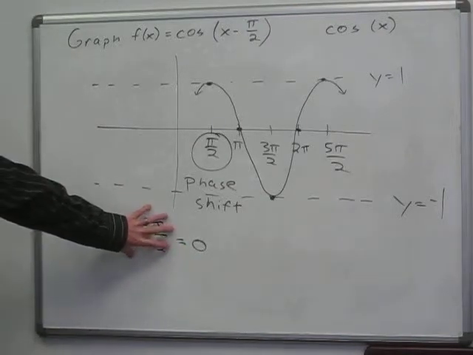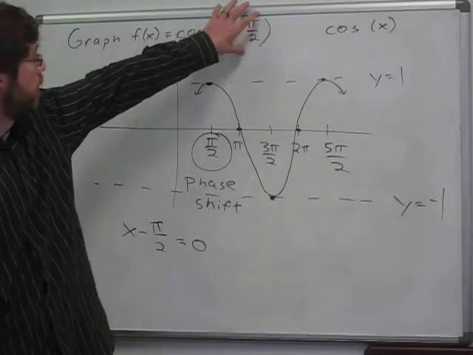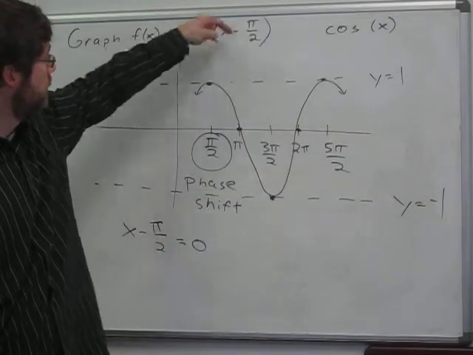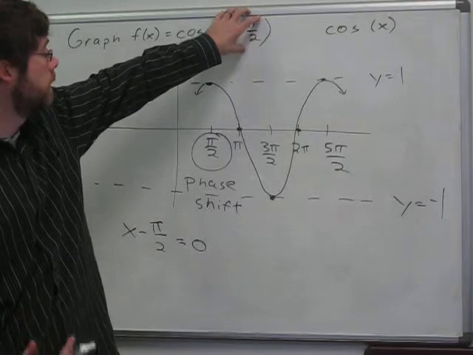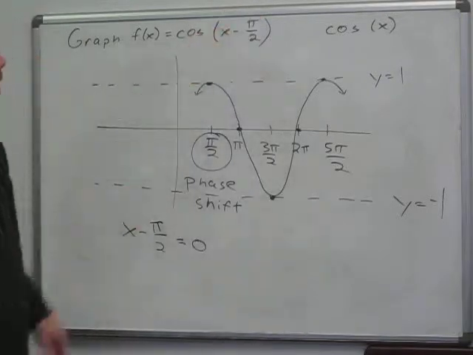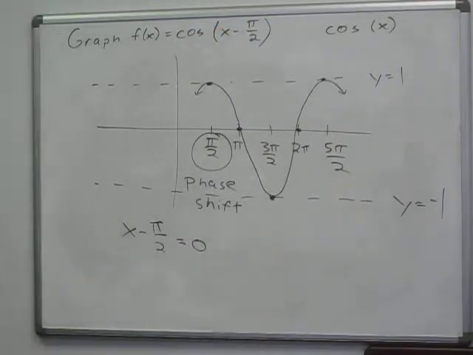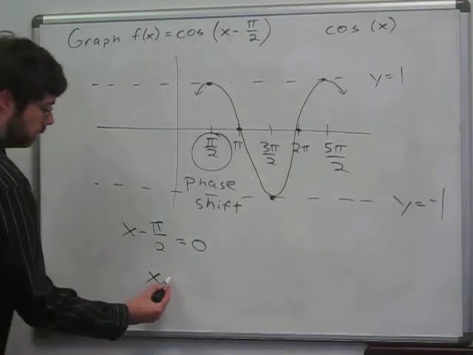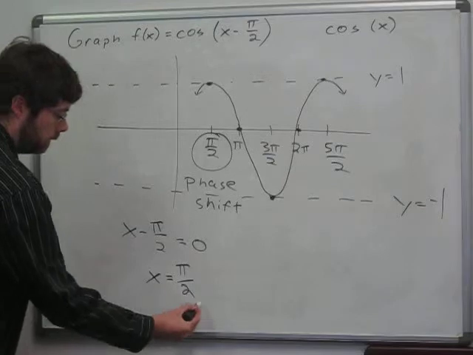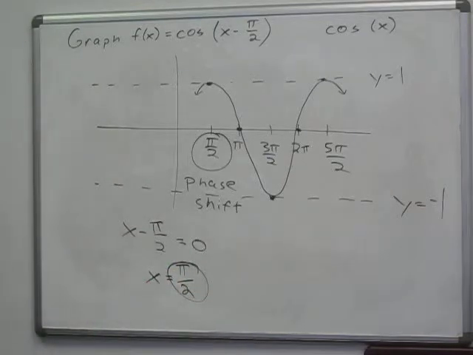Because when this expression is 0, cosine is seeing 0, and it's going to think to itself, okay, let's start the first cycle. So if I take my argument and set it equal to 0 and solve, then I'm able to easily find the phase shift for the function.